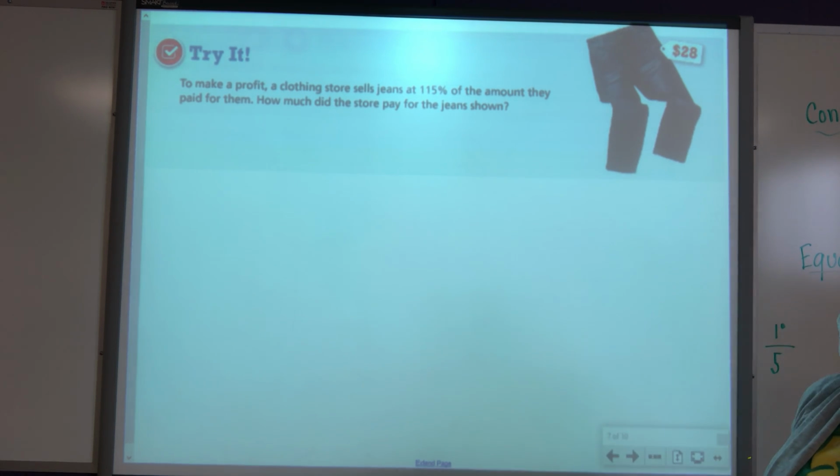All right, to make a profit, a clothing store sells jeans at 115% of the amount they paid for them. How much did the store pay for the jeans shown?